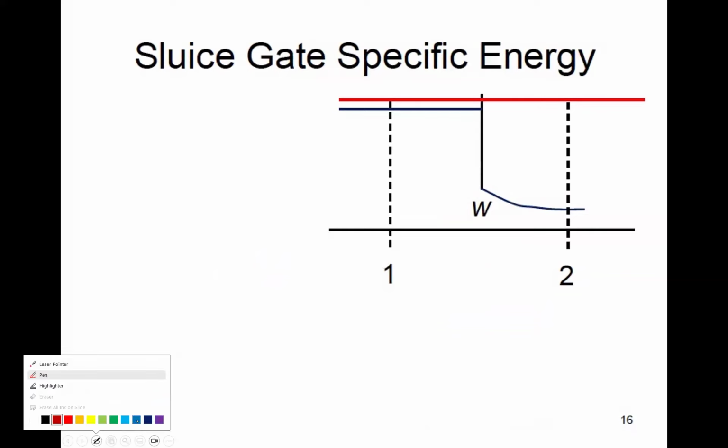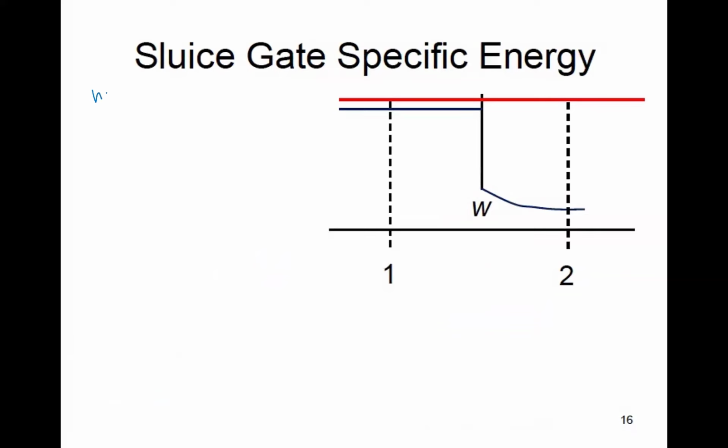Let's say we know the opening and CC, because we open the gate to W meters, and CC is given, or we can assume it's 0.6. So let's see how we can use this as a device to measure flow.